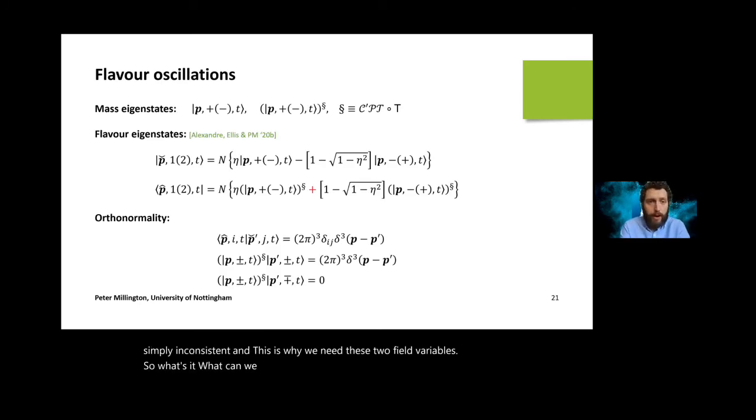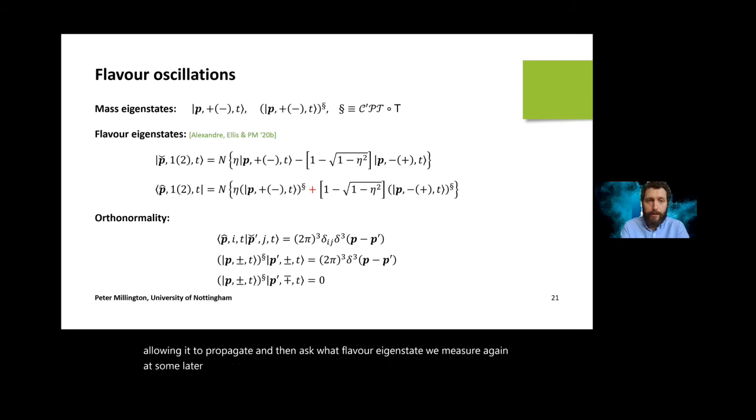So what can we do with this? Well, one nice example we can look at now that we've built up this technology is Flavour oscillations. So we can imagine producing one Flavour eigenstate at some initial time, allowing it to propagate, and then ask what Flavour eigenstate we measure again at some later time.